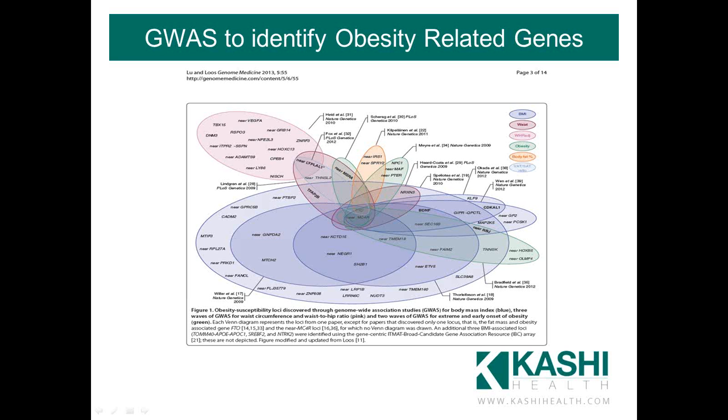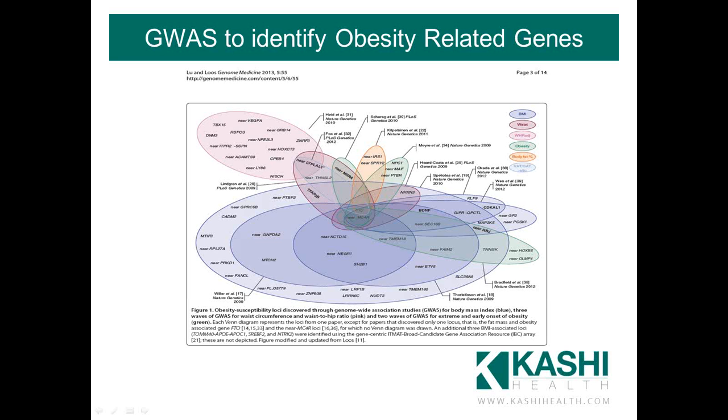In our situation, this symptom is obesity. The first GWAS began looking at obesity and found a correlation with the marker FTO. Shortly thereafter, additional GWASs were performed that confirmed the association of FTO with obesity and identified other markers such as MC4R and all of the other markers that you're seeing here.